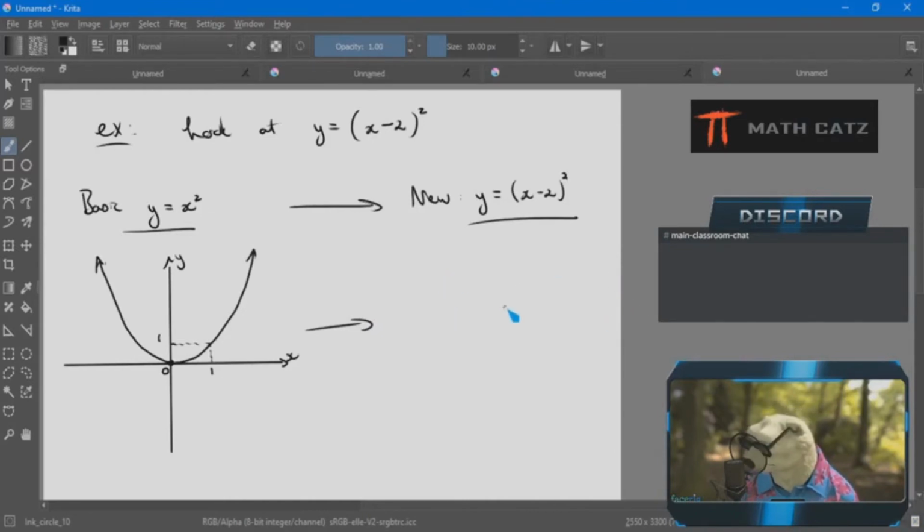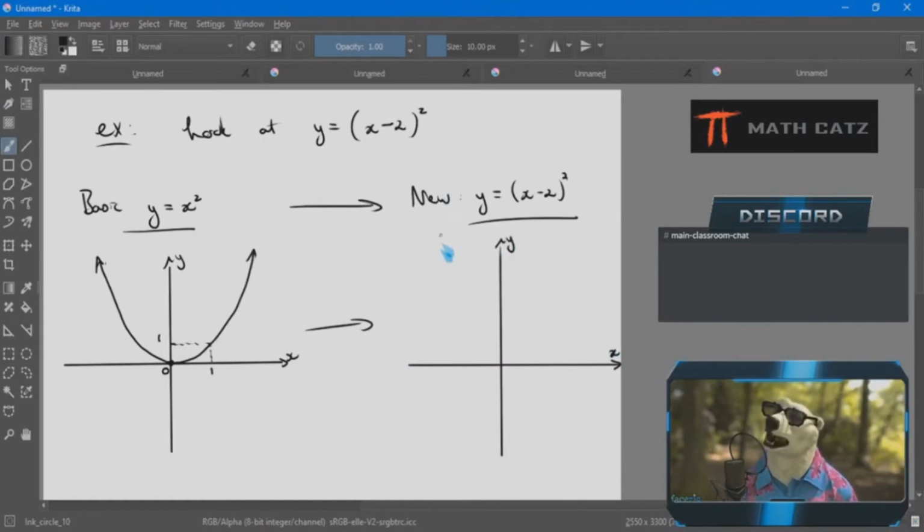So let me just set up my XY plane here. Like so.